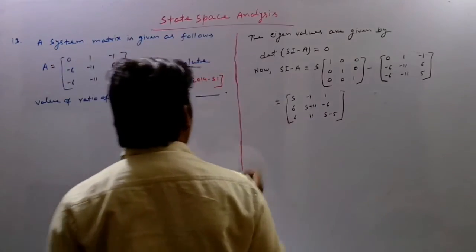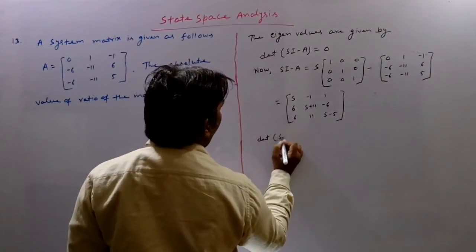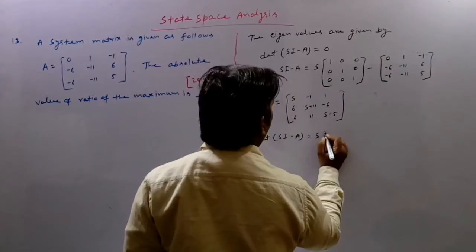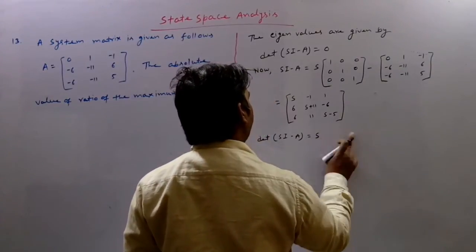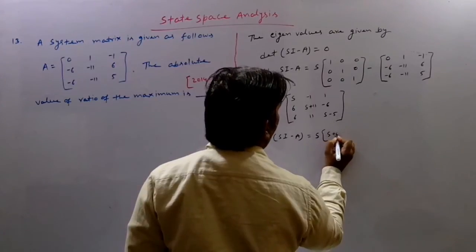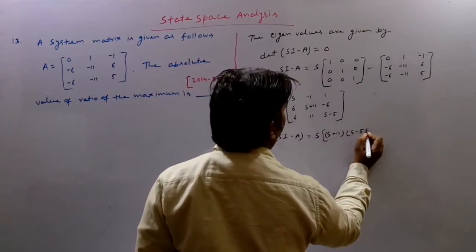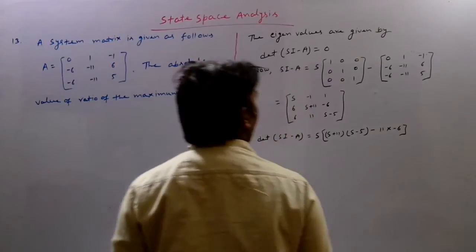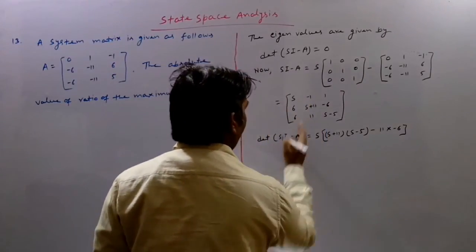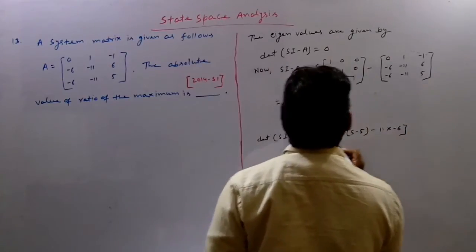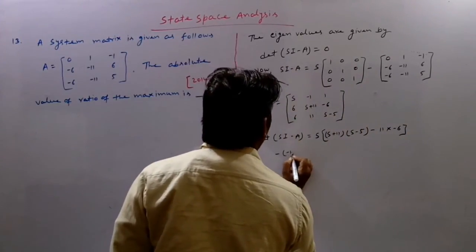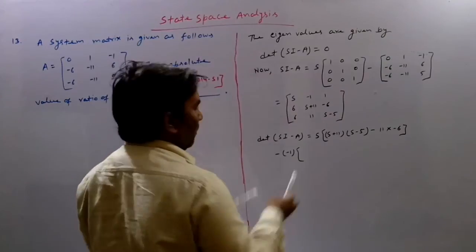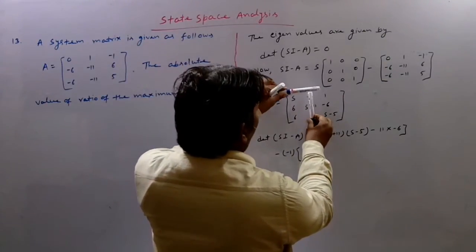Now if we calculate the determinant of sI minus A, it will be nothing but s into (s plus 11) into (s minus 5) minus 11 into minus 6, minus 1 into, here we have to cover the second row, the second column and the first row.